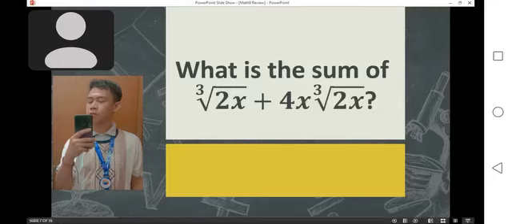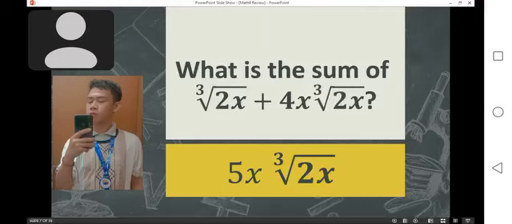One is a whole number, which is 1, and the other contains a variable, which is x. So the final answer for this is 1 plus 4x, or the sum of 1 and 4x, cube root of 2x.